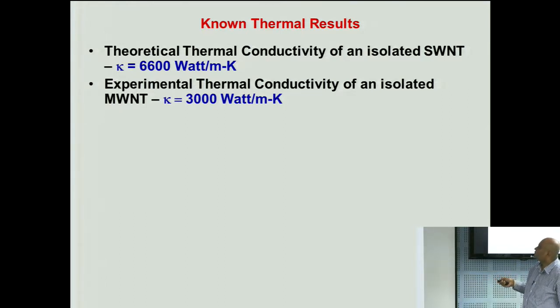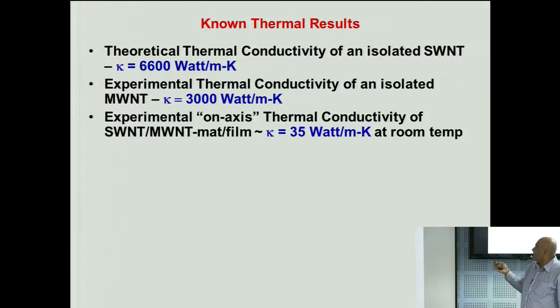This is one of the most difficult experiments to do, how to measure the thermal conductivity of carbon nanotubes, because you have to ensure that the heat is travelling only through the carbon nanotube and not anywhere else. So, there are different ways of doing this, people have tried. So, it is not surprising that the result has come out less, but this is along the axis.